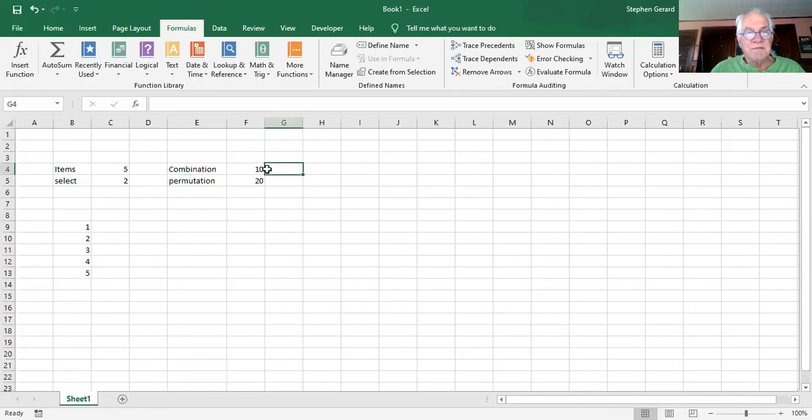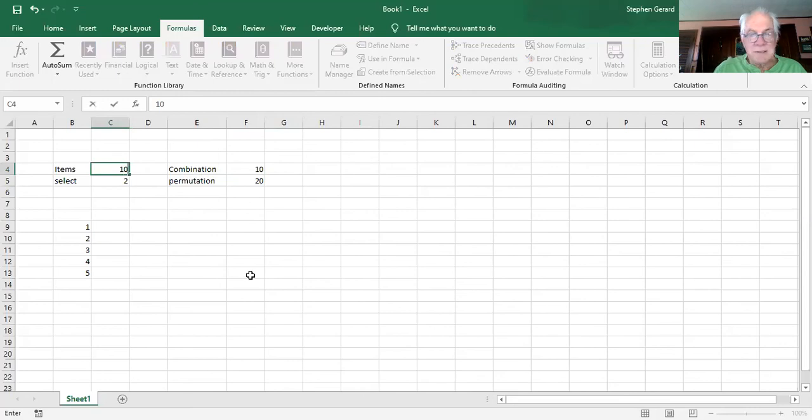These formulas, COMBIN. Now, part of the reason I put in here cell values rather than actual values is because I can go back and change this and say, suppose, how would the combinations change if I have 10 things as opposed to 5? Well, suddenly it jumps from 10 to 45.